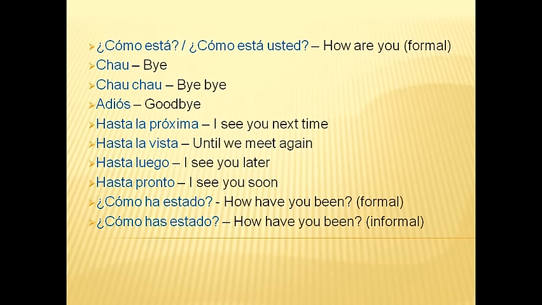This is conjugated for the informal you. ¿Cómo has estado? Has is the verb haber conjugated for tú. ¿Cómo ha pasado? Means the same as ¿cómo ha estado? Which means how have you been? Formal.